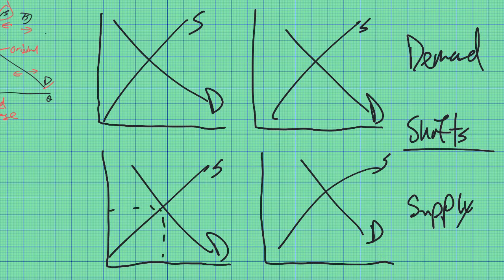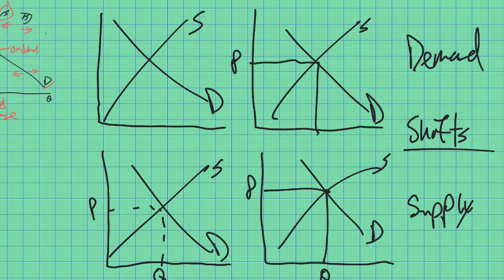Okay, and each one of them will show our price and quantity at equilibrium. Trying not to be too messy. Price and quantity. So we could make up a scenario for each one of them if we wanted to, but we ultimately just want to show what happens when demand shifts.